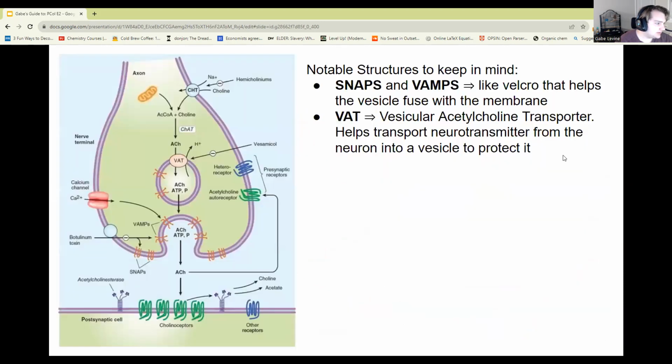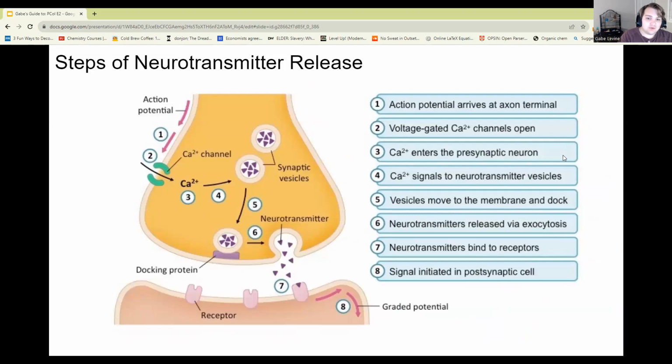So when we talk about our first drugs, what we're going to talk about is drugs affecting neurotransmitter release. And it's very, very important to know the steps of neurotransmitter release, because this is a key way that we can control the amount of neurotransmitter that is released in the body.